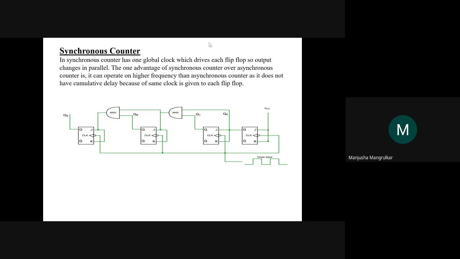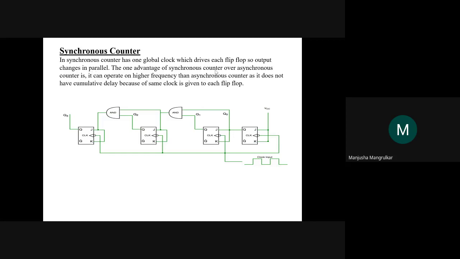It does not depend on the clock output of other flip flops. These signals are combined, and these are the clock input. So the output will be obtained at the same time. You don't have to look here and there, right? Now, the change is in parallel.